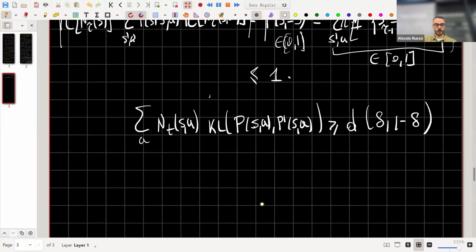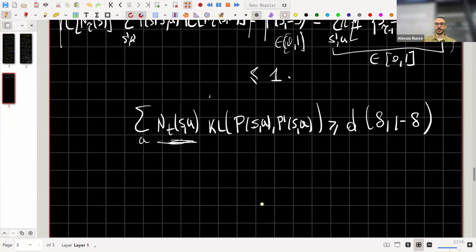So this lower bound is similar to the bandit case. What changes is that this quantity here, we need to constrain it. We need to constrain it because we are following what the MDP shows us. So we are following a trajectory of an MDP, and we are constrained to what we see from the MDP. We cannot just sample any state that we want.